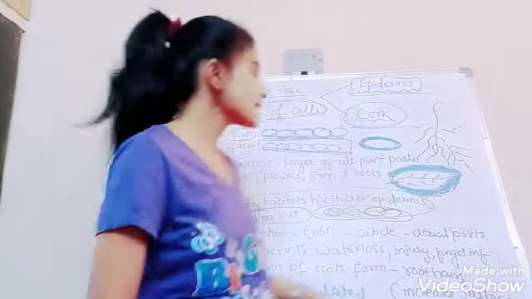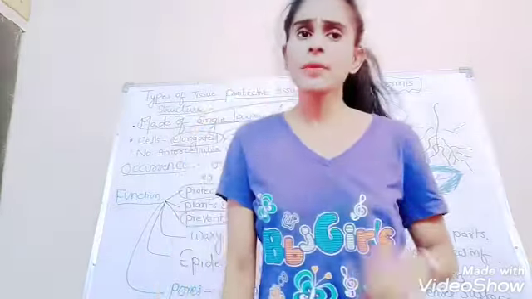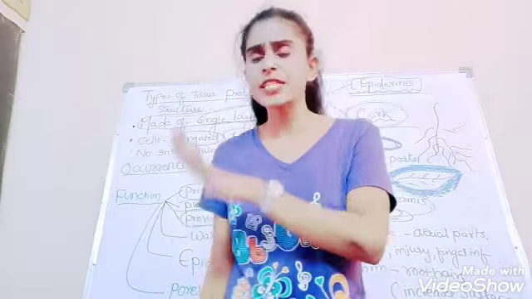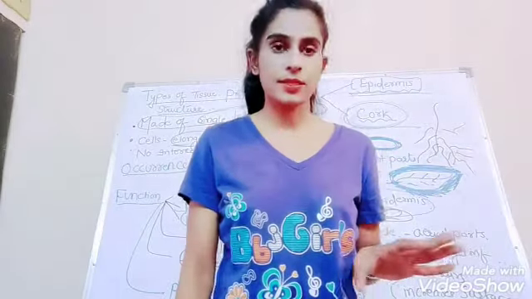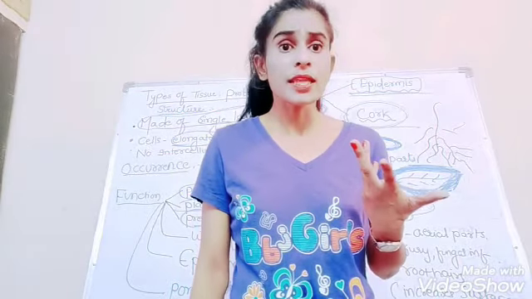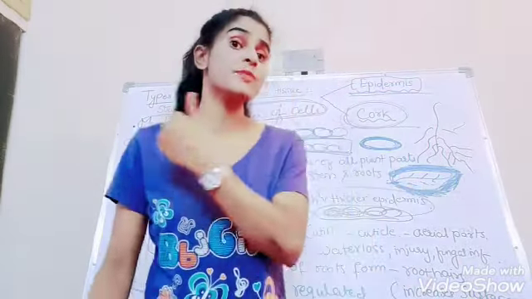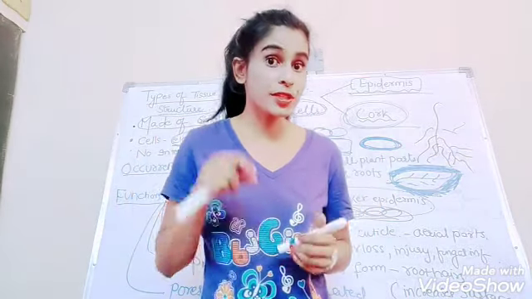So these are the functions. Now you will say one thing. Ma'am, if the epidermal cells are present throughout the plant, each and every part of the plant, then how will respiration take place in the plant? Yes, it's a question mark.